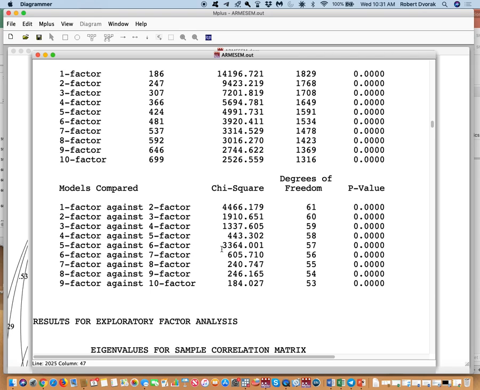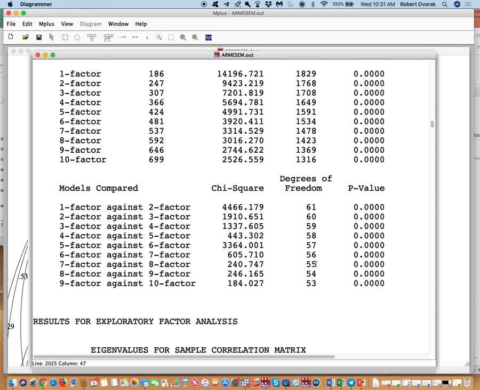So I think the rationale here is if I go one more, then I'm going to see a huge improvement in my model, right? The improvement of 240 chi-square for 55 degrees of freedom is still significant. It's just not what I would say dramatic.